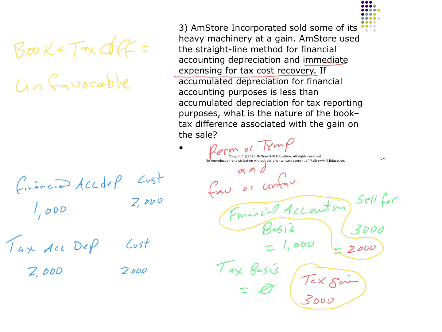So our book tax difference is unfavorable. It's temporary because it's due to differences in this accumulated depreciation. Okay, so I'm going to stop the video here and post this one and then start on the next slide for the next video.